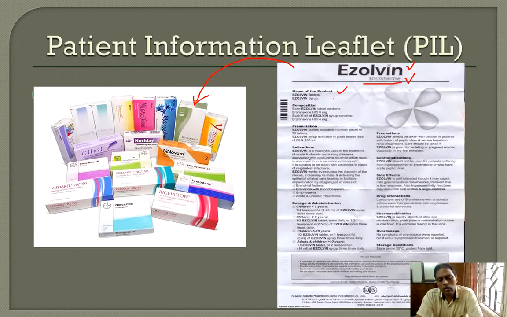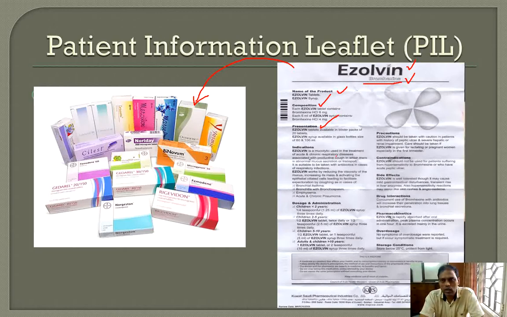They can combine two different formulations, for example, here tablet and syrup information is given in the same leaflet. Then they have given a composition, what it contains, and then presentation, how it is presented, in what form it comes.